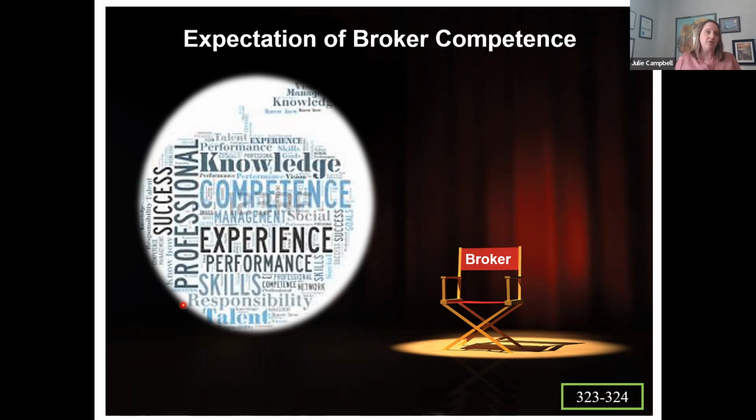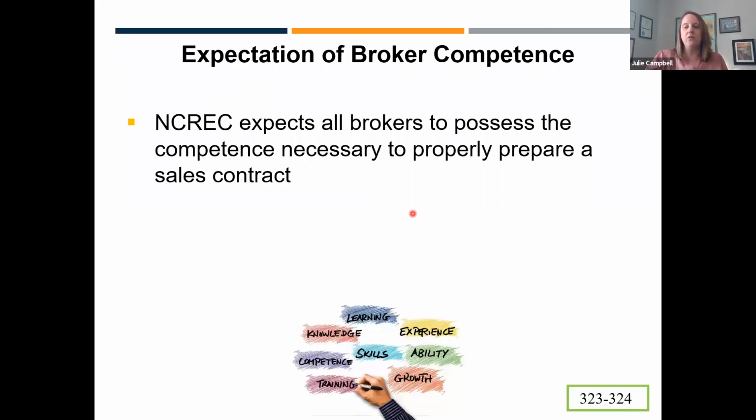And that's absolutely a broad topic, but one of those things that falls under the category of reasonable skill, care, and diligence is the ability for us to competently complete the offer to purchase and contract and any related addenda or amendment on behalf of the buyer or seller. So the Real Estate Commission expects us to possess the competence necessary to properly prepare a sales contract.